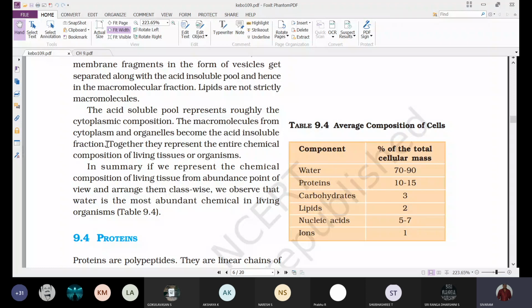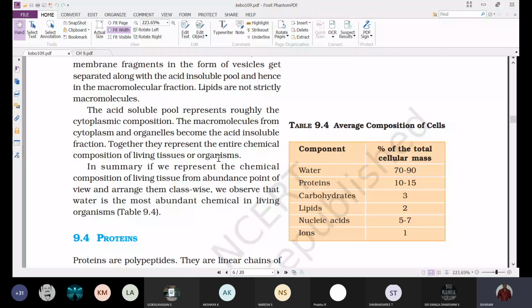That means the substance which is not filtered through the filter that we used to separate the molecules. Together they represent the entire chemical composition of living tissues or organisms. So this acid soluble fraction and acid insoluble fraction all together form the composition of living tissues or organisms.